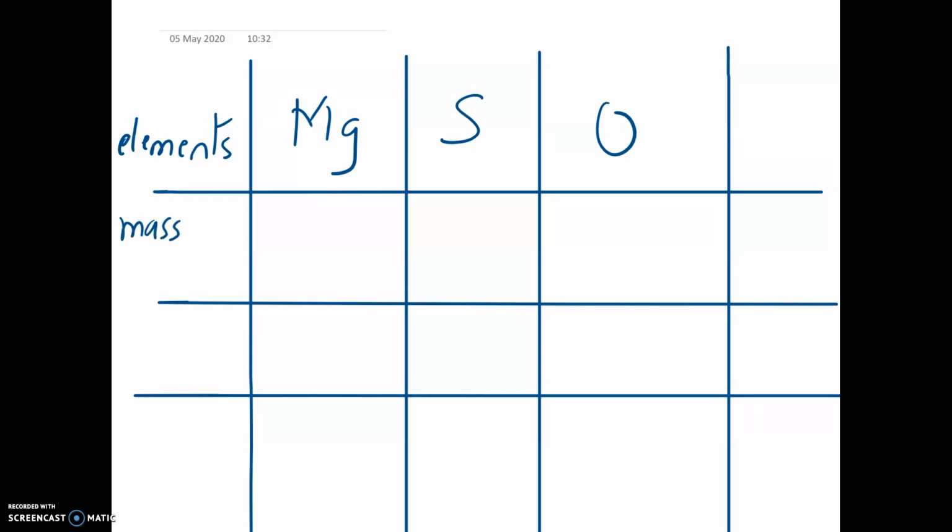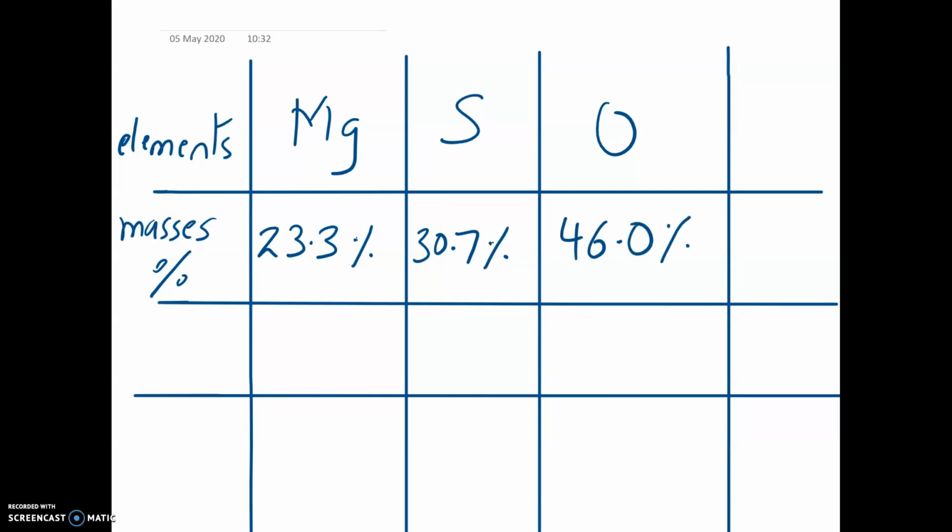Masses, they are in percentages, and are 23.3%, 30.7%, and 46%. AR value for the elements, magnesium is 24.1, sulfur is 32, and oxygen is 16.